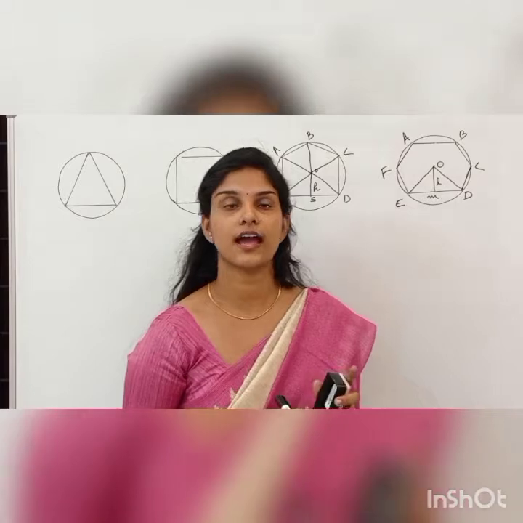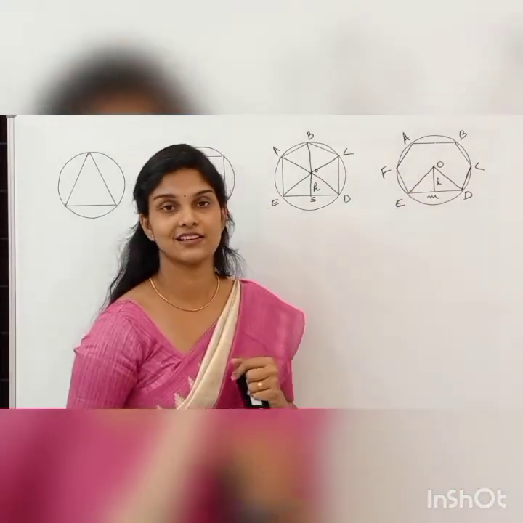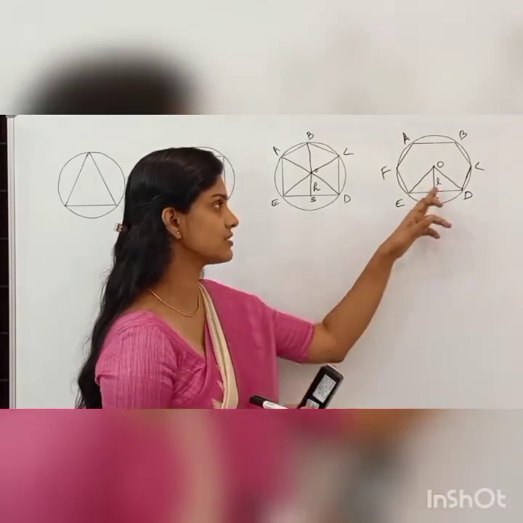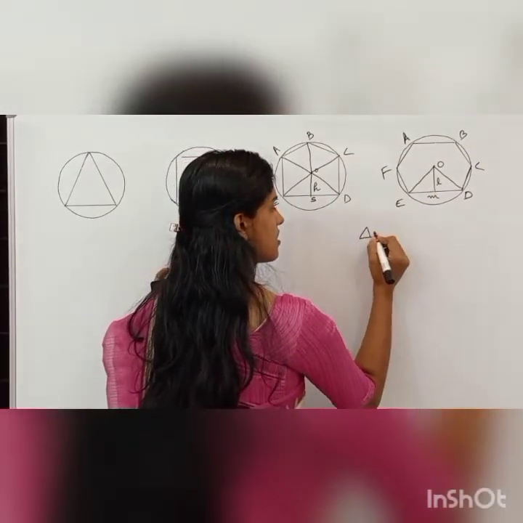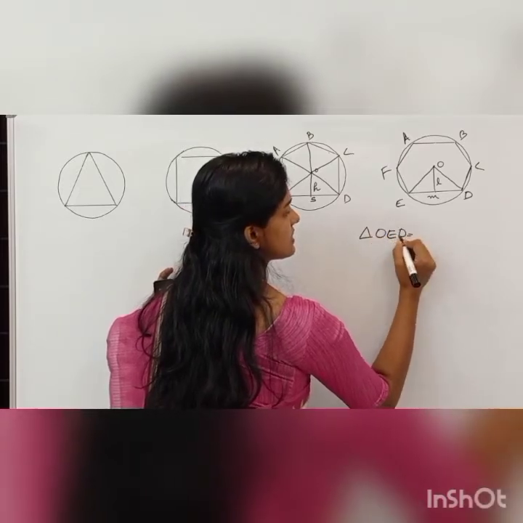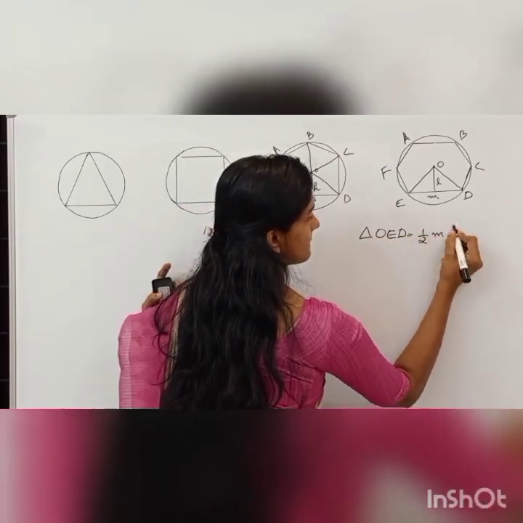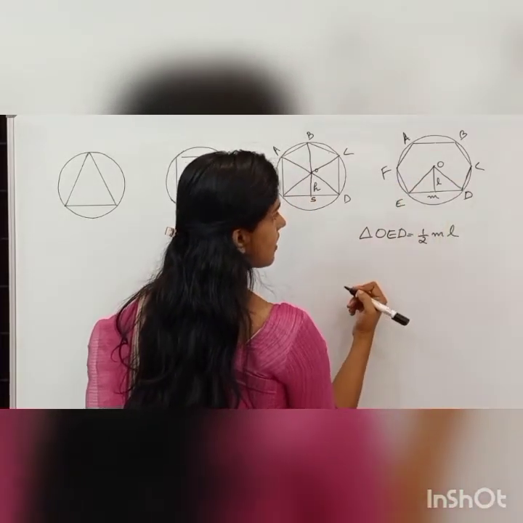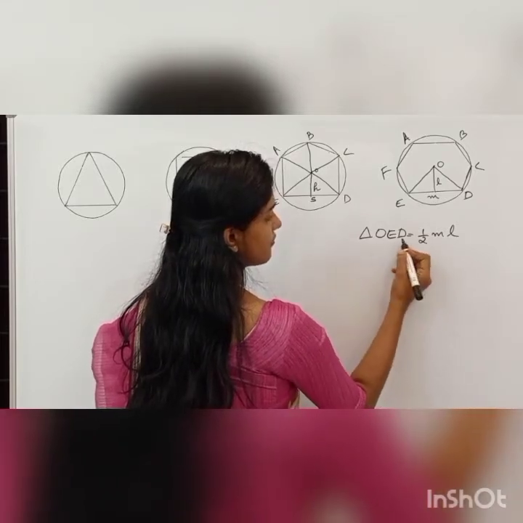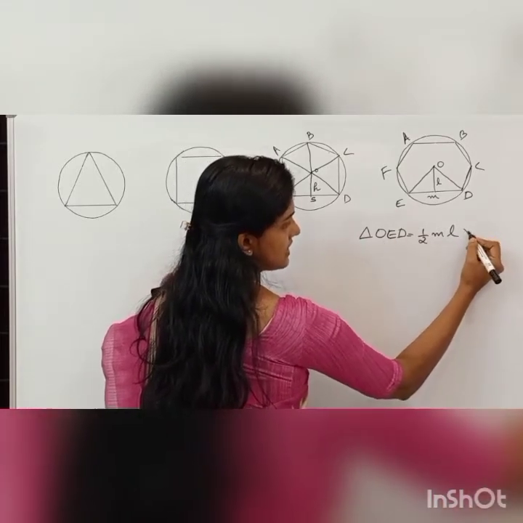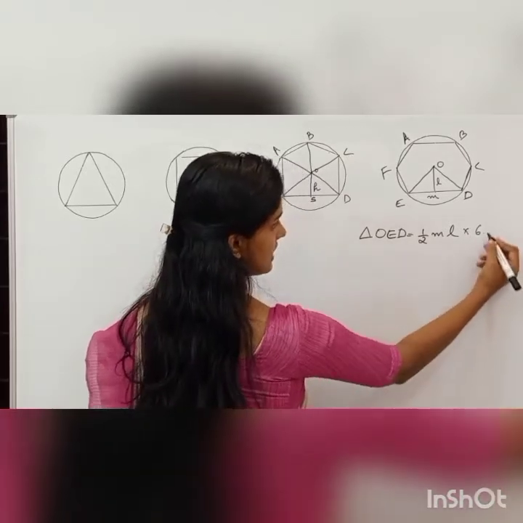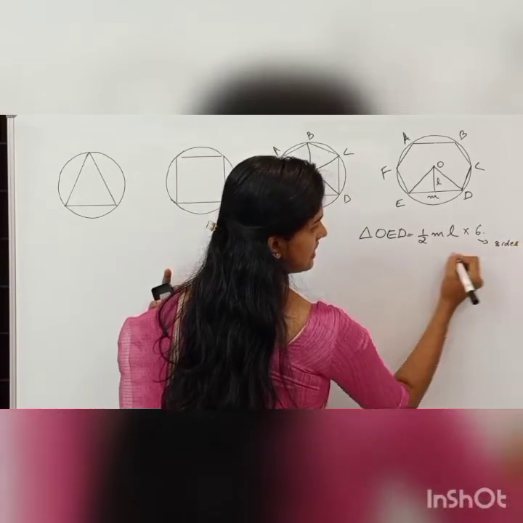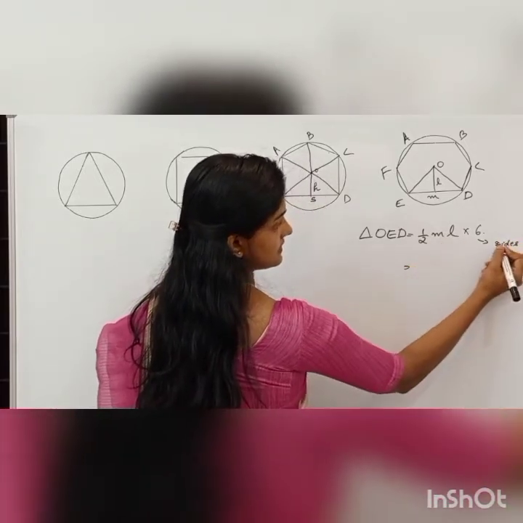Now, what is the area of this hexagon? How will you get it? We know that the area of this triangle OED is half ML. In order to get the area of this hexagon, we have to multiply the area of triangle OED by 6 because it has 6 sides. 6 such triangles.